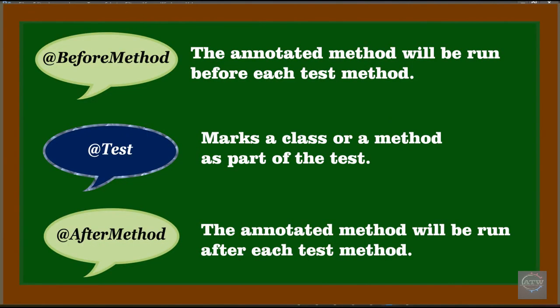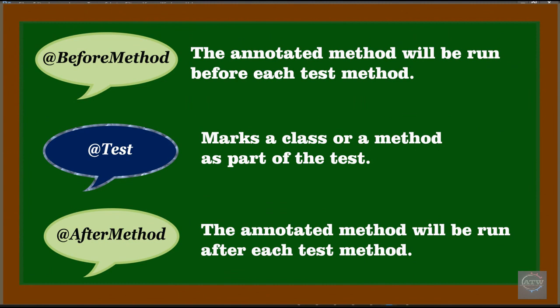The fourth annotation we are going to see is before method. It will run before each test method. Then comes the at test annotation. This is to tell that only this is part of my test. This is my test class.